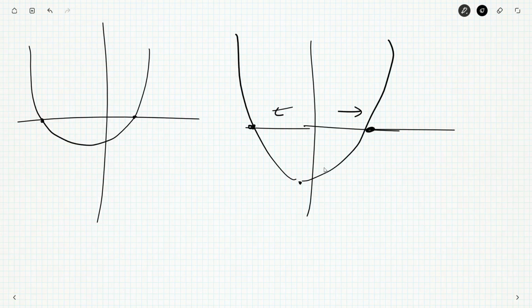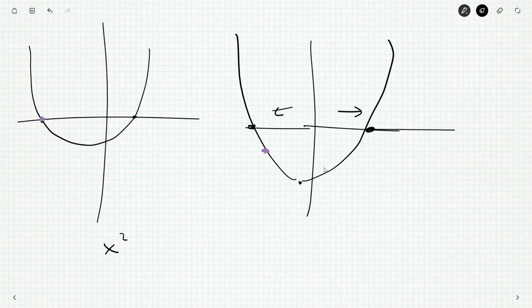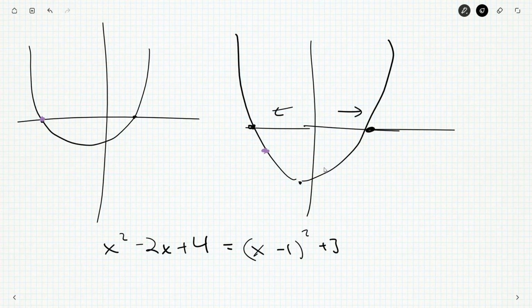But the original points that were my roots have now moved down here, and I can't really predict where they are. And now that I'm thinking about it, x squared minus 2x plus 4 is x minus 1 squared plus 3. Yeah, this doesn't even have roots in the first place. The question might have been more fiendish if the first one had roots.